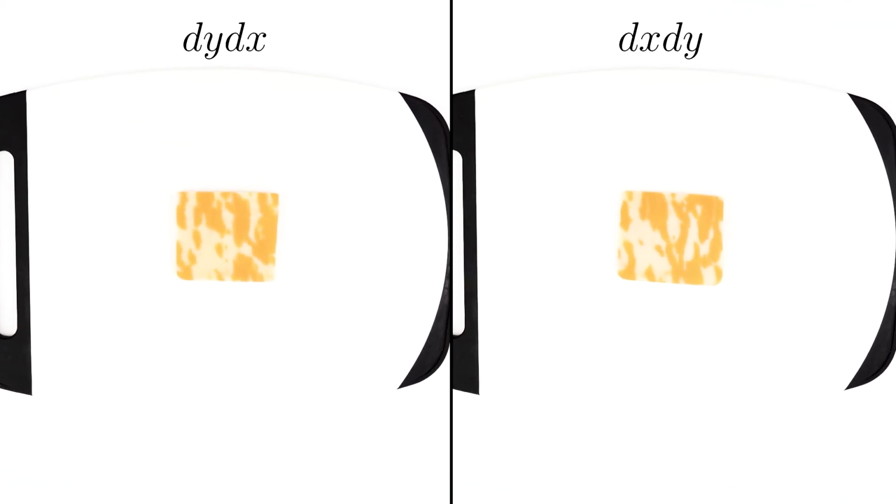Let's compare the dy dx chopping with the dx dy chopping side by side. Both sides start with the same piece of cheese. The mass is the same two-dimensional Darboux integral for both. Each side is chopped differently.